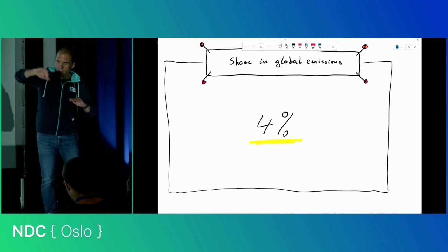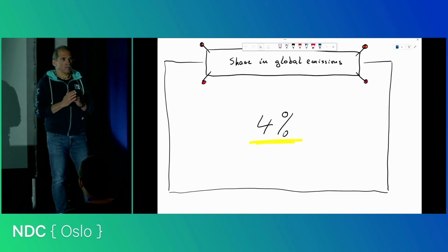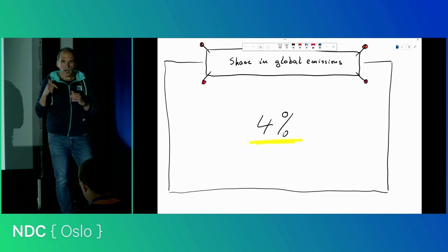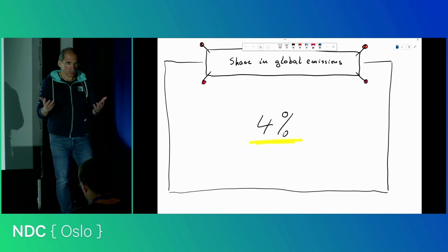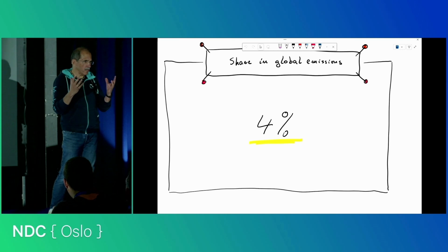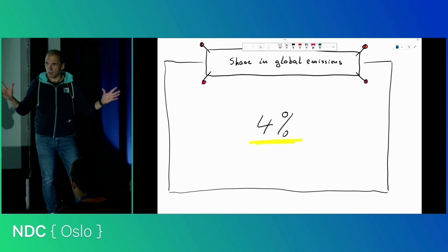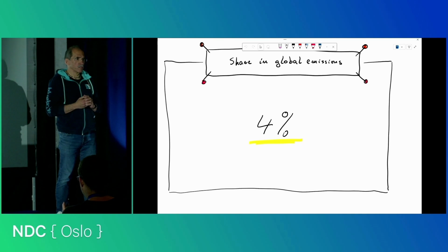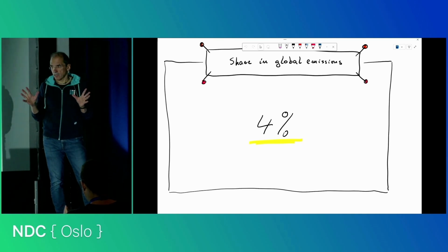It's exploding. And to have a feeling for this number, it's twice as much as aviation. It's twice as much as worldwide shipping. It's something similar to the steel industry.